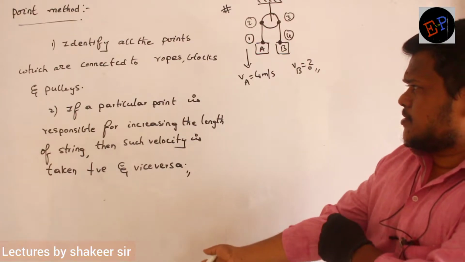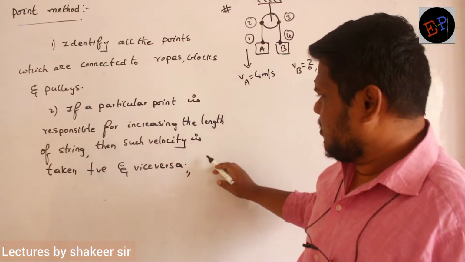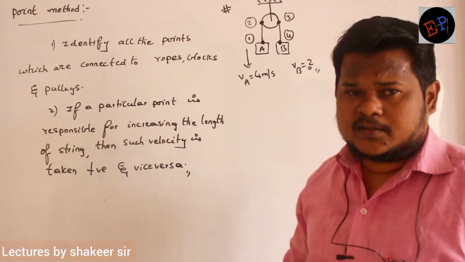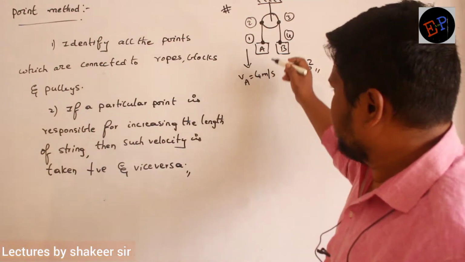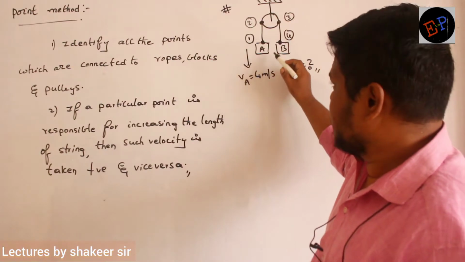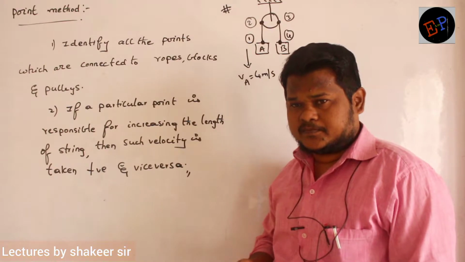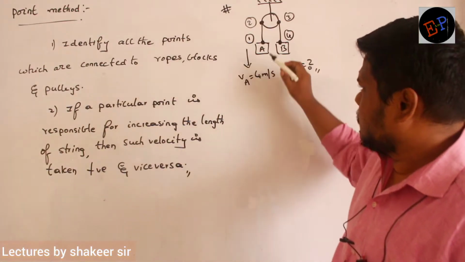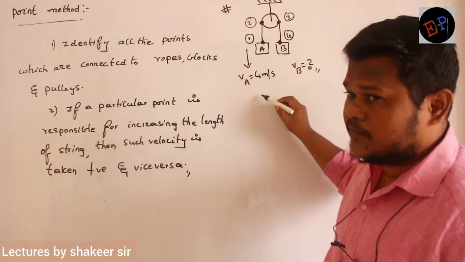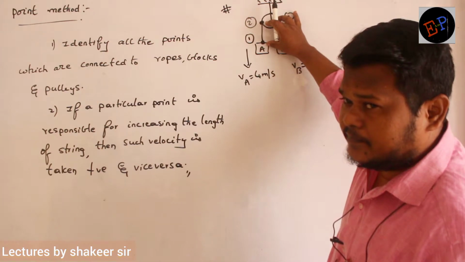So identify all the points which are connected to ropes, blocks and pulleys. Now if a particular point is responsible for increasing the length, then such velocity should be taken positive. So for example, the first point is connected to block A. Block A is moving downwards or upwards? It is moving downwards. So this point, connected to this block, also will come downwards. If this point comes downwards, what happens to the length of this string?